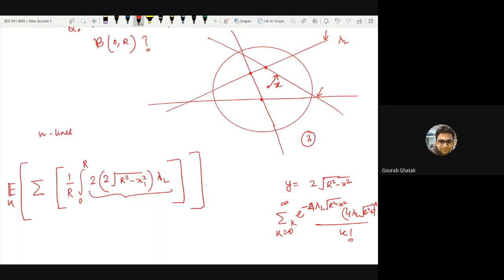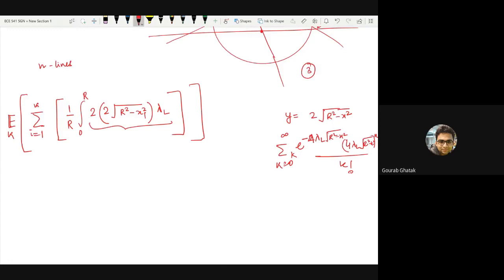So if this is xi, then i goes from 1 to k, and you take an expectation with respect to k. If you find the value of this integral, which is very straightforward and has a nice closed form, let's call it v. What you would find is some function of v, which we calculate here, multiplied by lambda L square, something like pi square lambda L square. It's a very elegant expression.